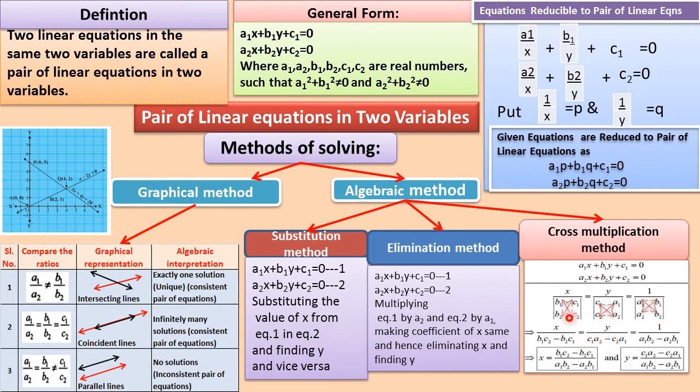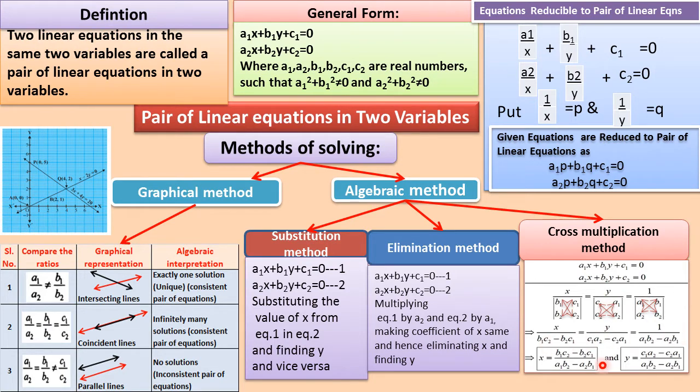It is a very simple one. Please remember. So how to remember this? I have the first variable x divided by the other two terms, b1 c2 minus c1 b2, equal to y divided by a2 c1 minus a1 c2, equal to 1 divided by a1 b2 minus a2 b1.